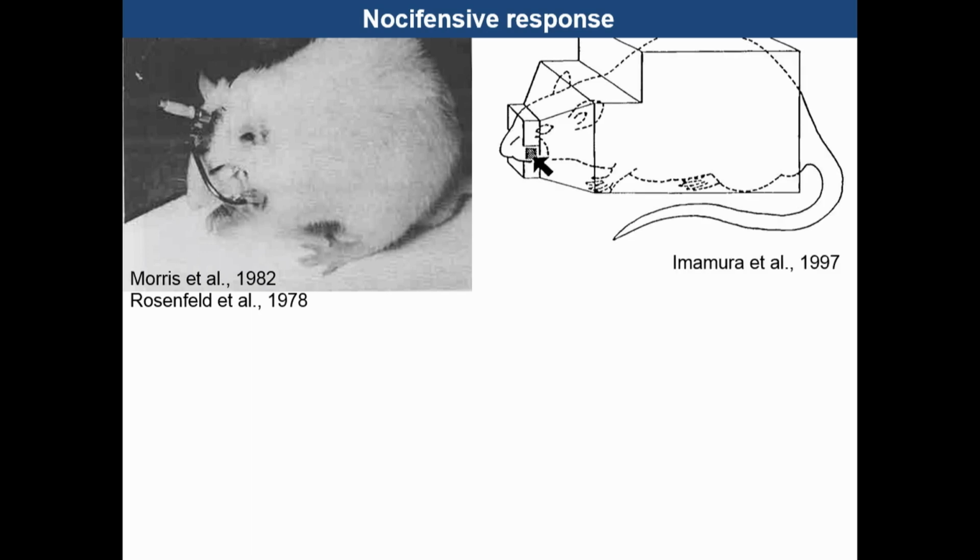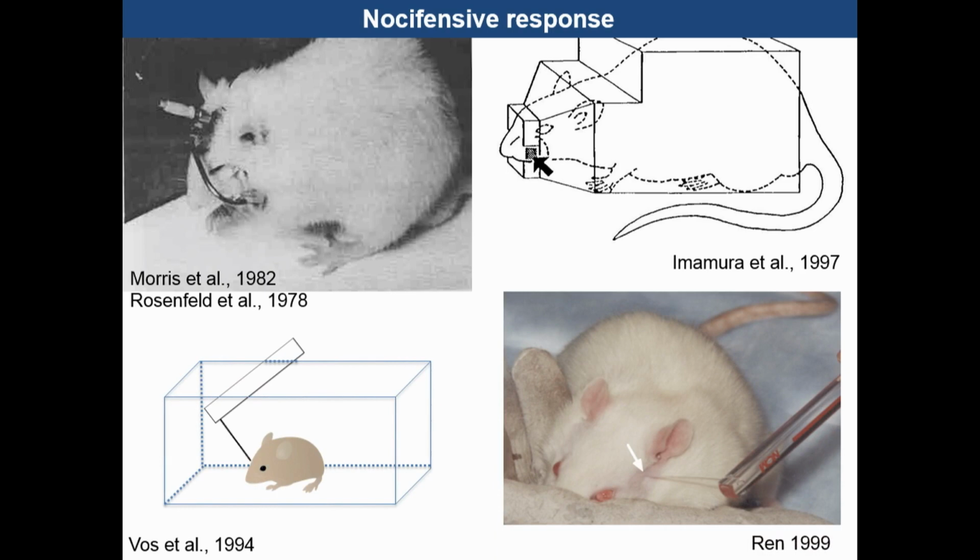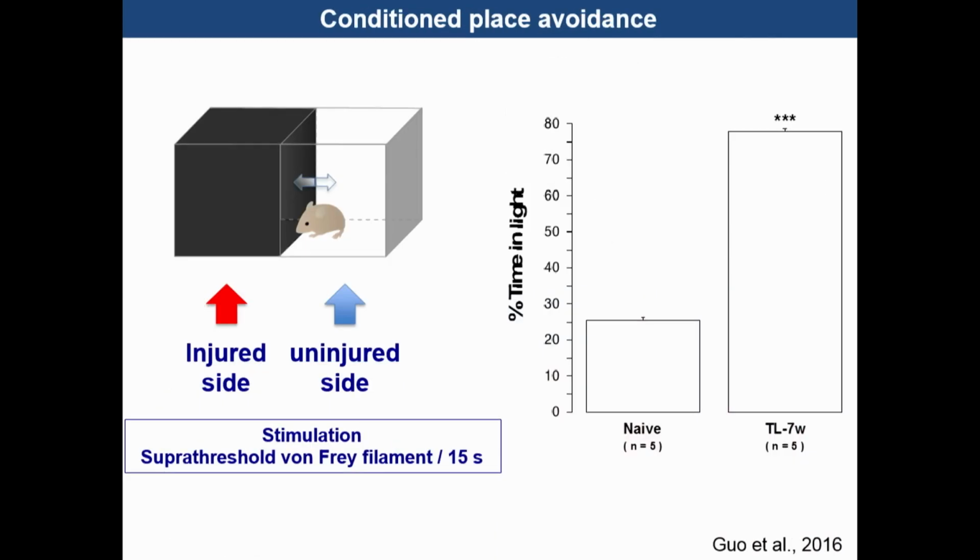Now we have a model to assess thermal response in animals. Also, we can assess mechanical response by von Frey filament. Also, we have borrowed from the spinal cord. We can also do conditioned place avoidance to test the animal's preference for the place.